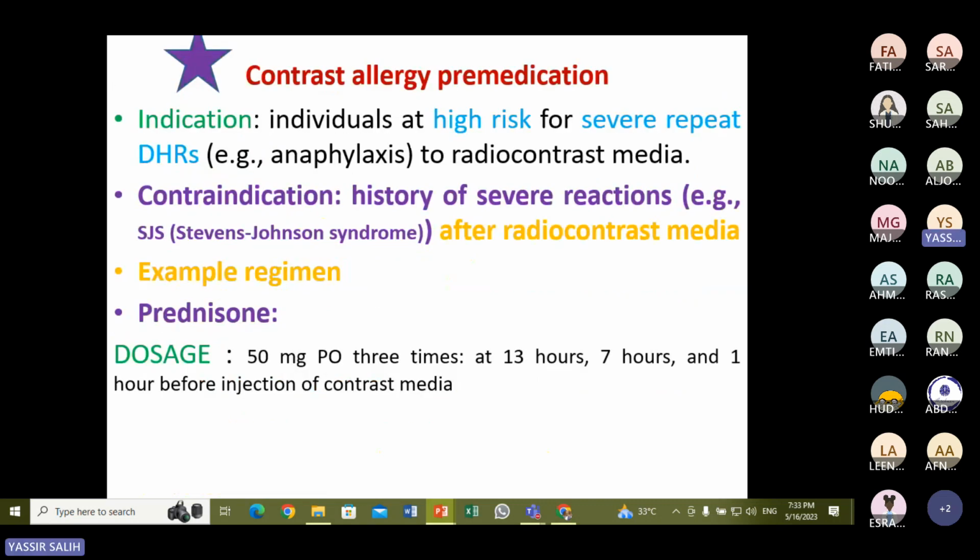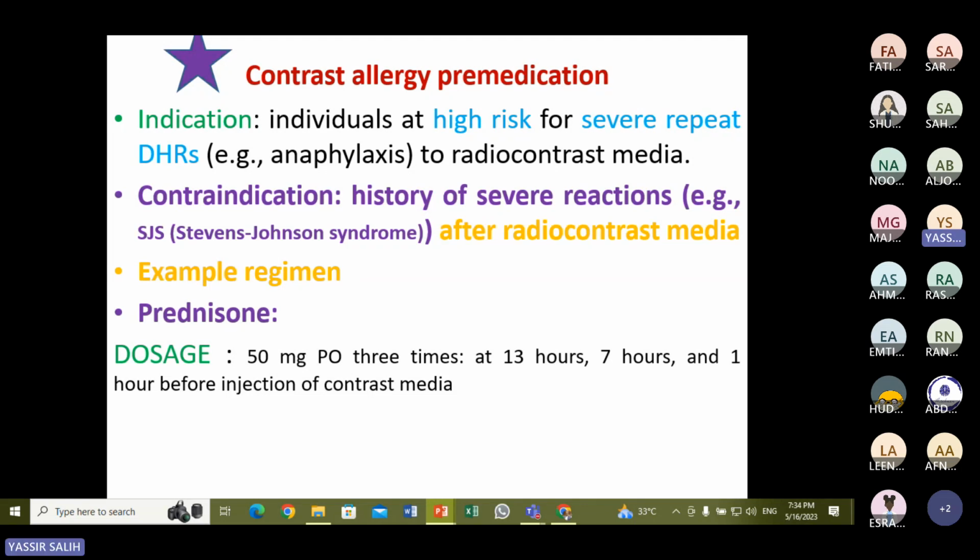If the patient is at high risk for contrast hypersensitivity reaction, we said we can give the patient pre-medication.